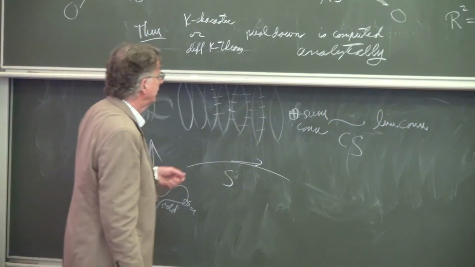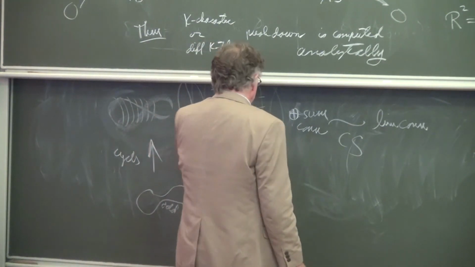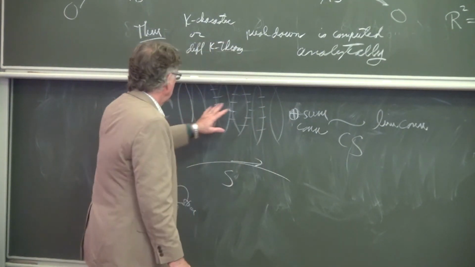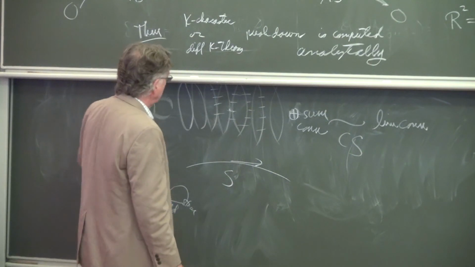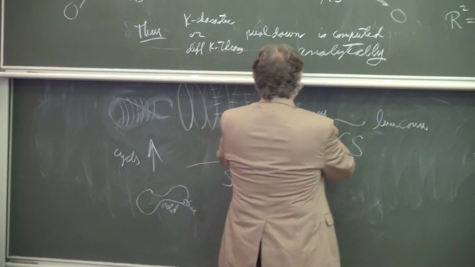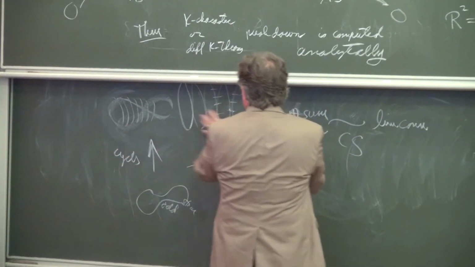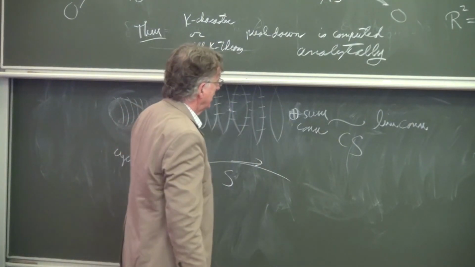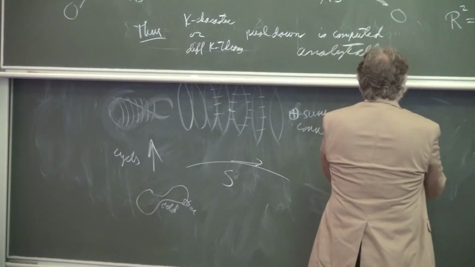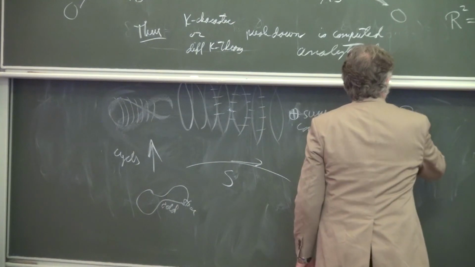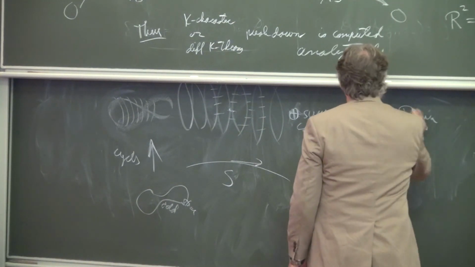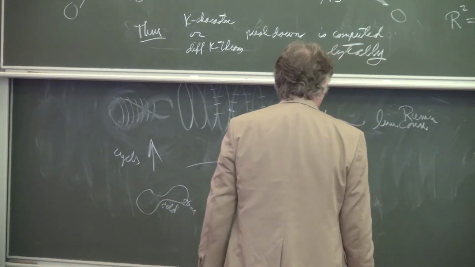We take the preimage up here, and the pushdown is computed with this connection on the preimage. But we could also use the limit of the Riemannian connections; this is called the adiabatic limit.